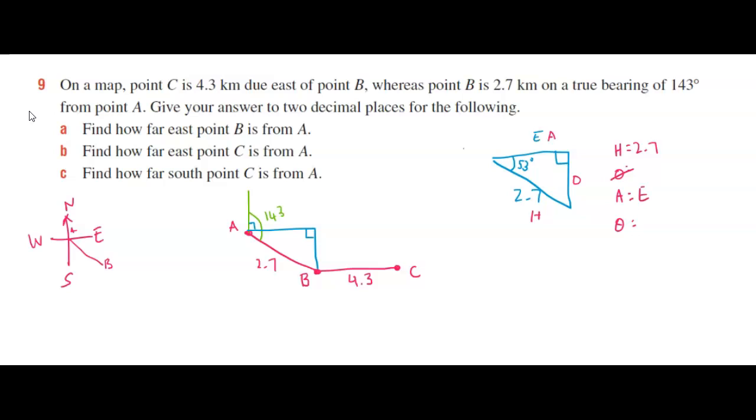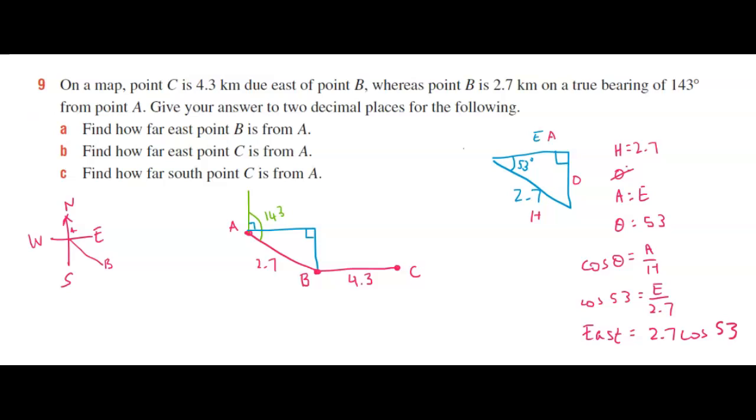Adjacent side I've labelled as E for east, and theta is 53. So I'm going to be using the cos ratio. So east is 2.7 cos 53. So you can pop that into your calculator.